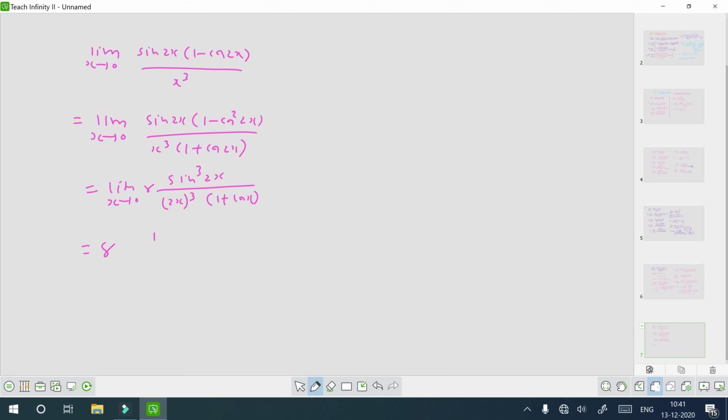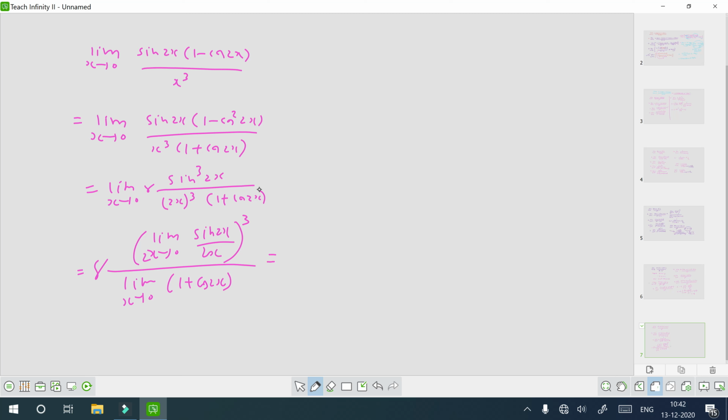So 8 is common: limit 2x tends to 0, (sin 2x over 2x) whole cube, over limit x tends to 0, 1 plus cos 2x, and 8 is outside.